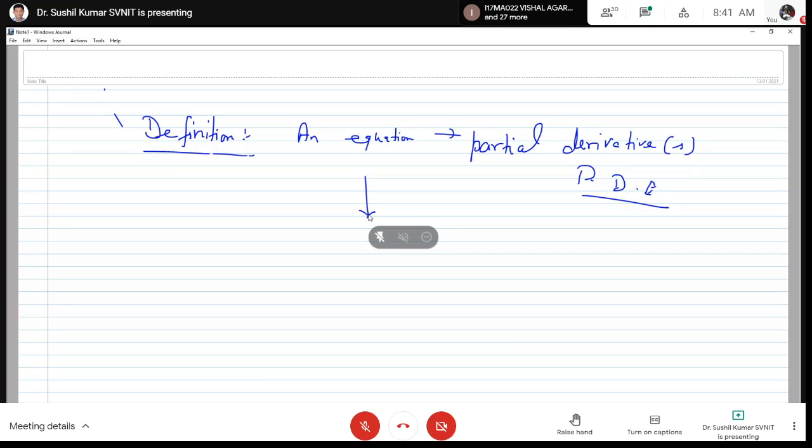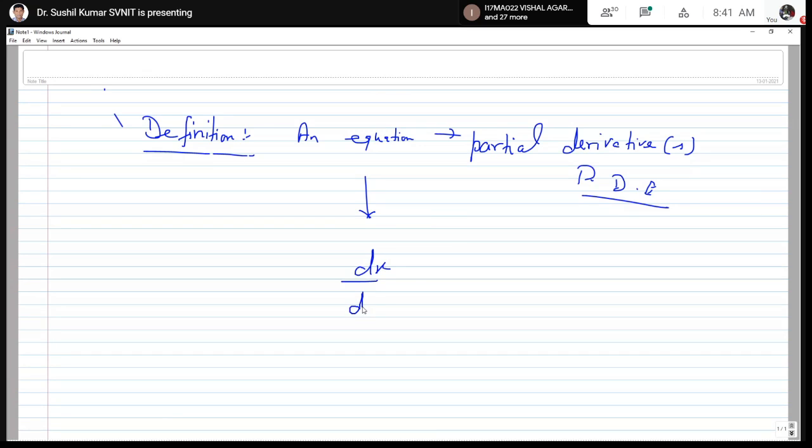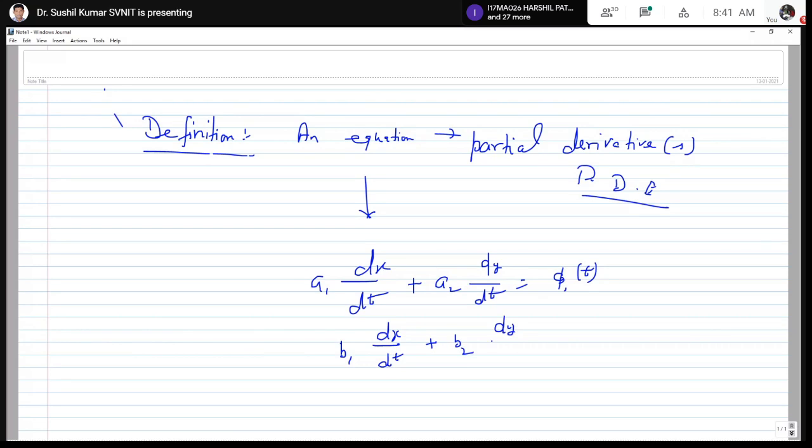Just like if we have dx over dt, if you have this equation a1 dx over dt plus a2 dy over dt equal to let's say some function of t, and a second equation, b1 dx over dt plus b2 dy over dt equal to phi of t.